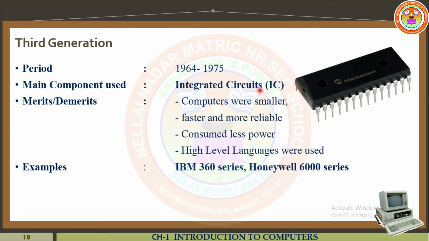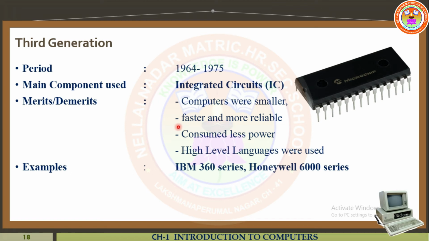Once ICs were used in the third generation, compared to the previous two generations, the size of the computer was drastically reduced. These computers are much smaller, faster and more reliable.